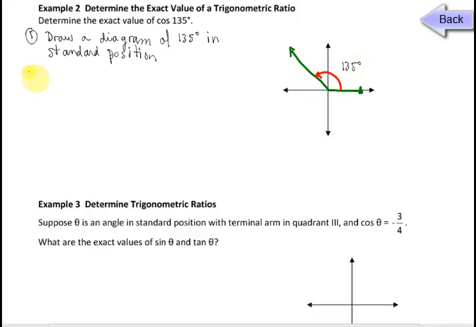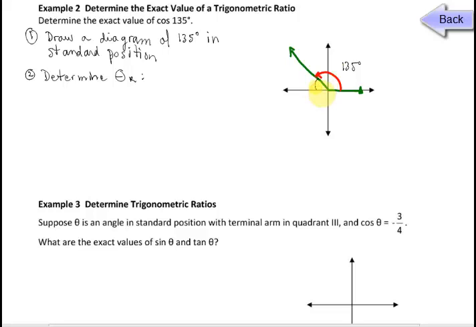And our next step is to determine our reference angle. Your reference angle is between the terminal arm and the x-axis.